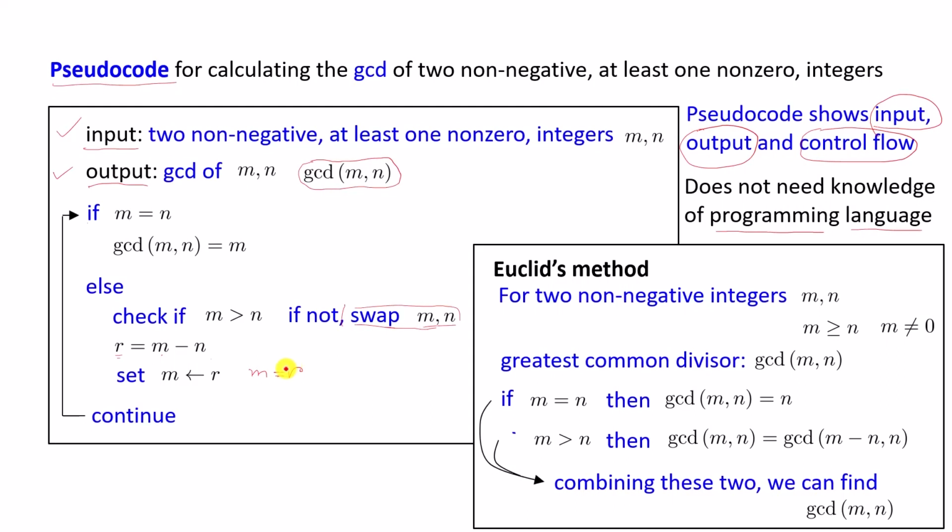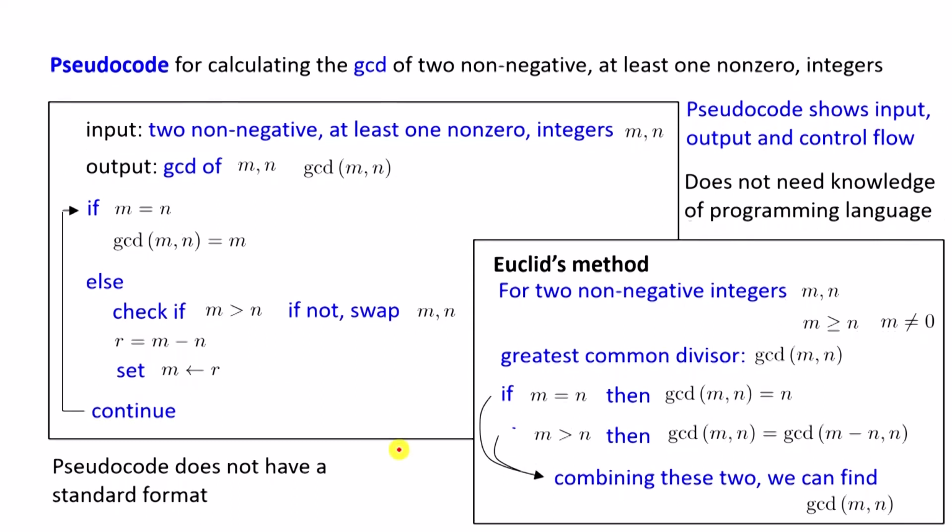Sometimes that language is Python, sometimes that language is C, sometimes it is Fortran. But in general, it is not necessary to know a programming language to write a good pseudocode. And finally, it does not have a standard format, but it should have this input, output, and control flow. Then it's a good pseudocode.